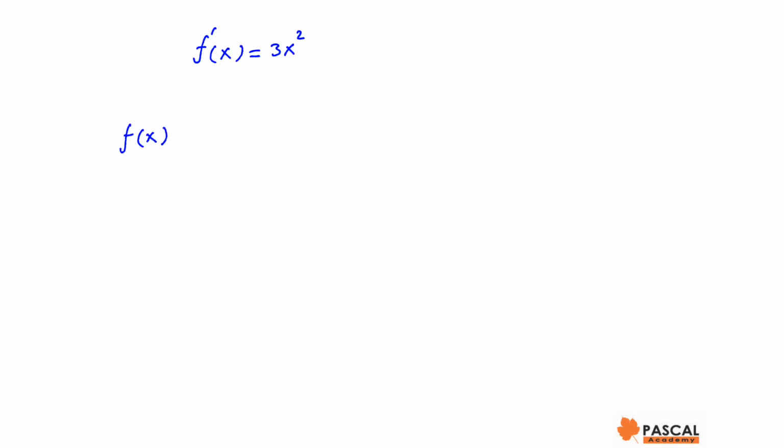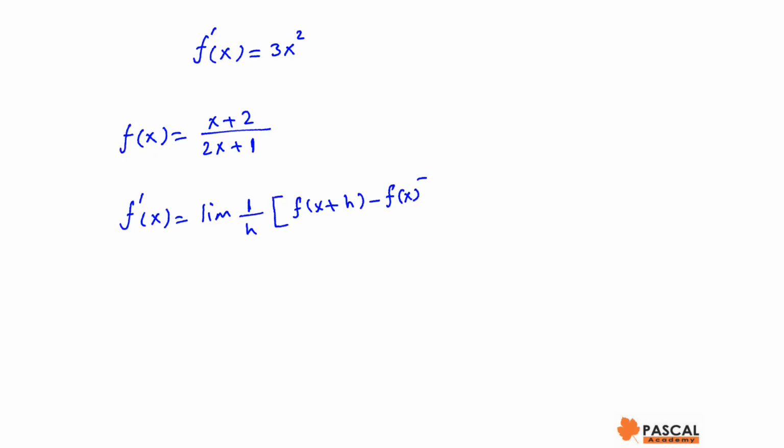Next example, f(x) equals (x+2)/(2x+1). f'(x) is the limit of (f(x+h) - f(x))/h. To avoid having complex fractions, we write it as the limit of 1/h times (f(x+h) - f(x)), which is the same thing.